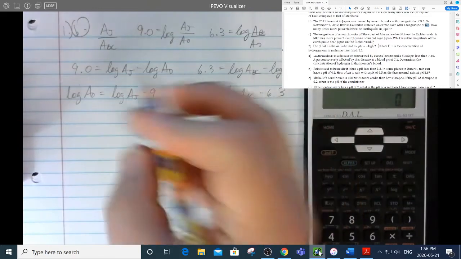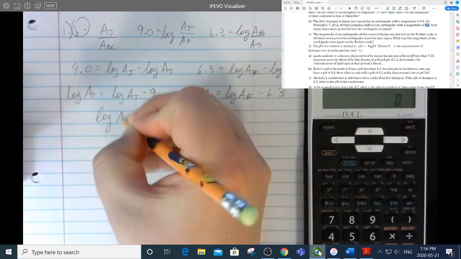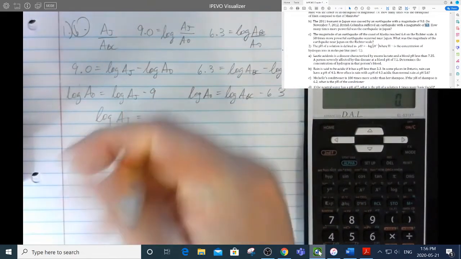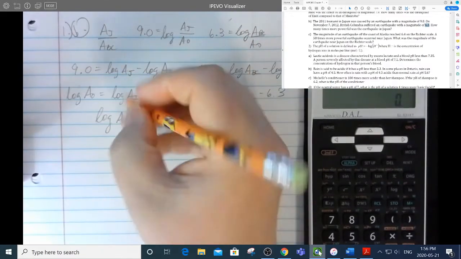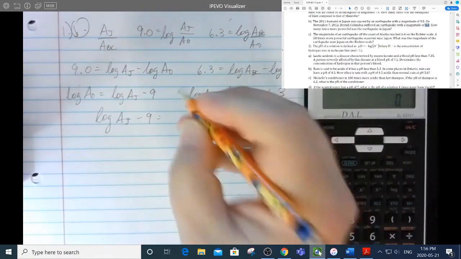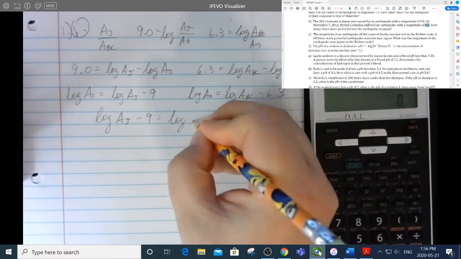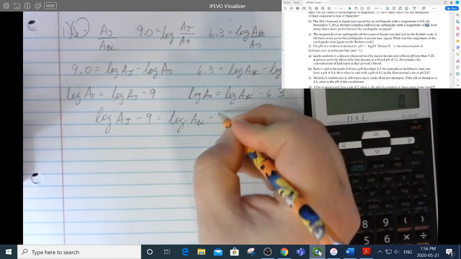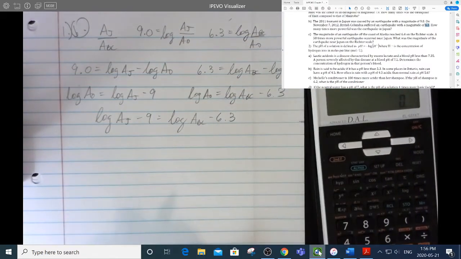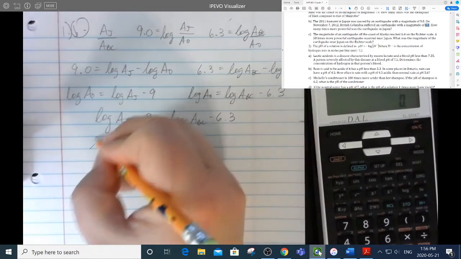So I can compare them though. The log of A_J minus 9 is equal to the log of A_BC minus 6.3. And then I'm going to collect my like terms, kind of.